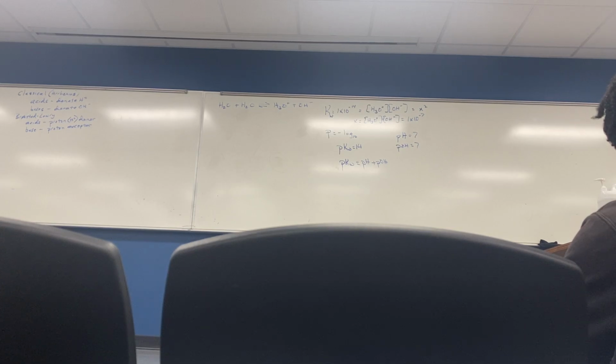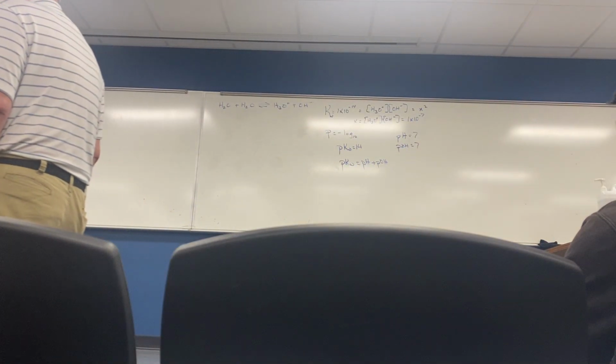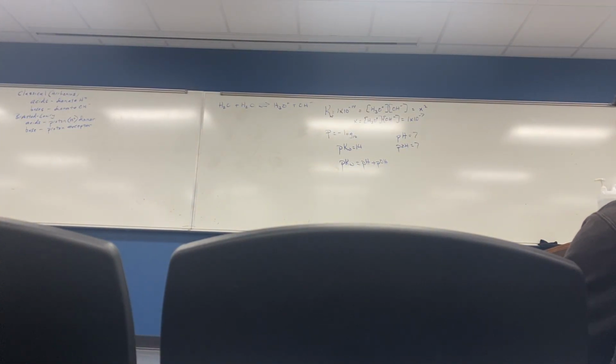So a pH of 14 means that I have a very, very small hydrogen ion concentration, right? And there is a fairly large school of thought that says that we should probably just not even think about OH at all.